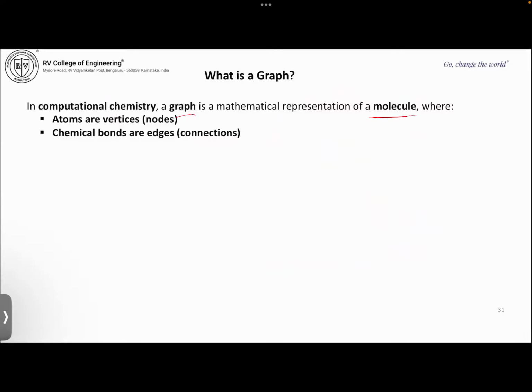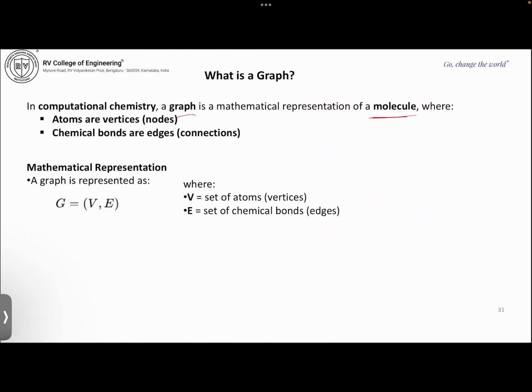That is called a graph, where atoms are vertices and chemical bonds are edges. The mathematical representation is G equals (V, E), where V represents the set of atoms, the vertices, and E represents the set of chemical bonds, the edges.